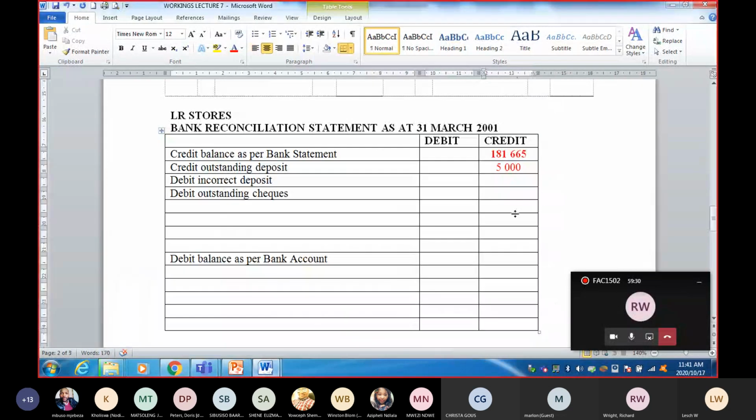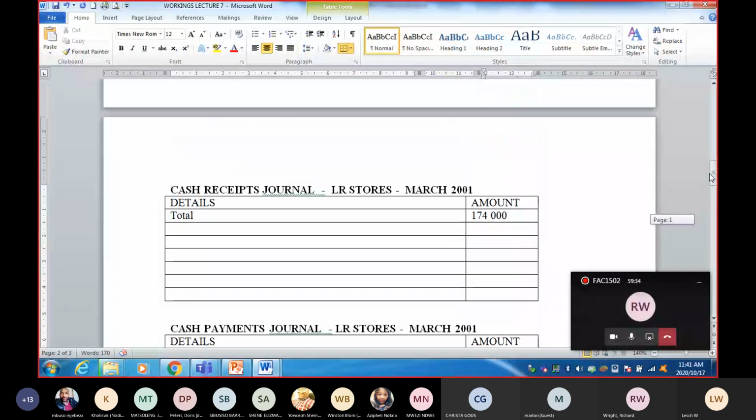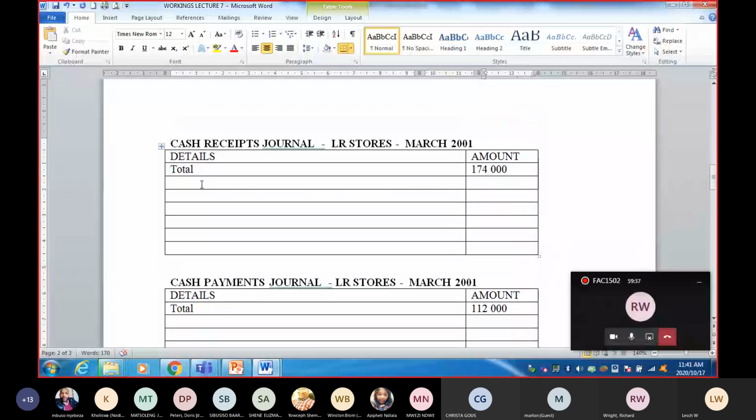So you need to update your cash receipts journal now. Go to your cash receipts journal, and you will now have an entry to record the fact that we have received money from A Rose. It was a direct deposit. We don't need to indicate the amounts that I've got here in brackets. All that you must have there is A Rose, and the amount for A Rose was 5,000 Rand.